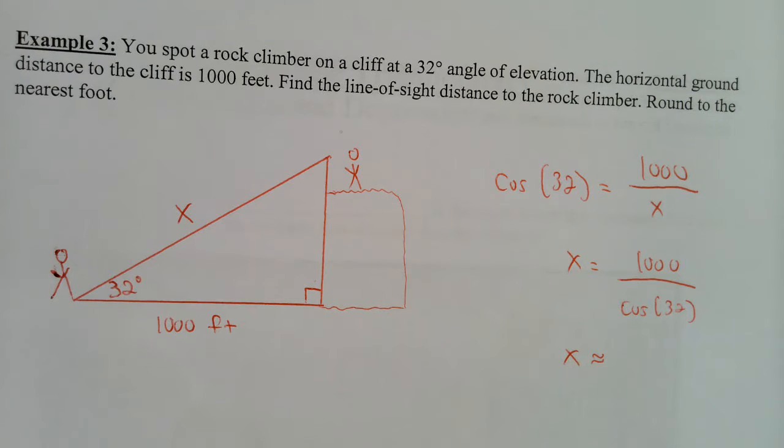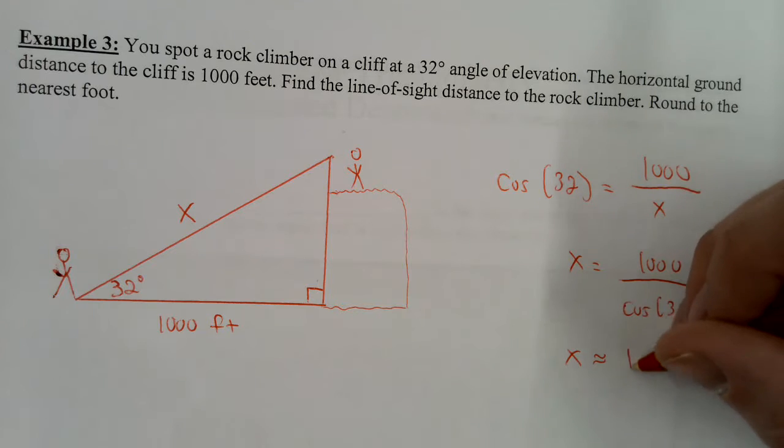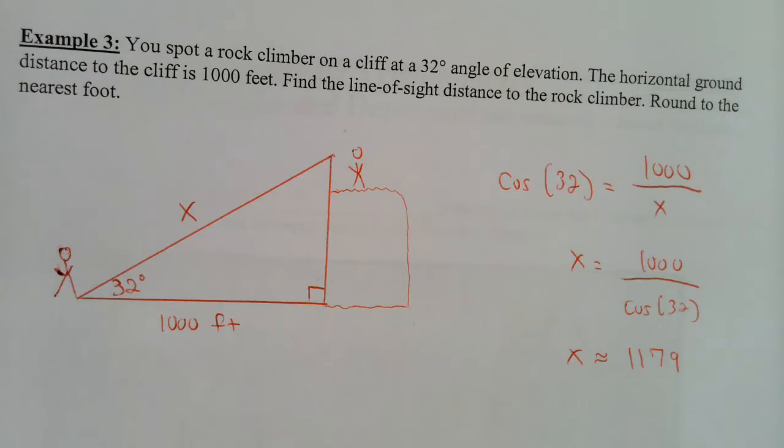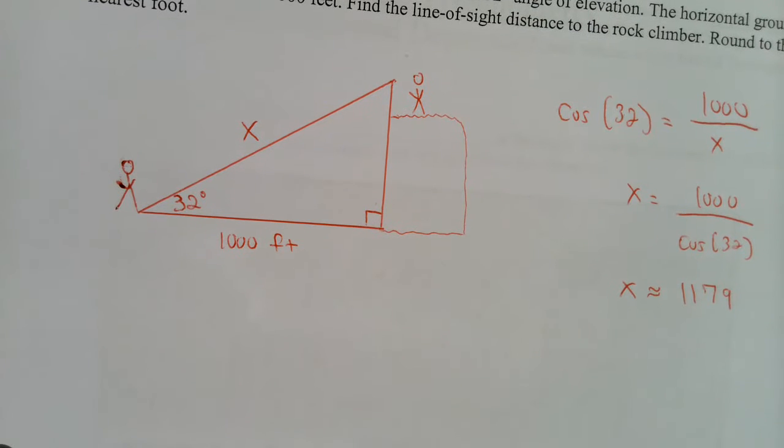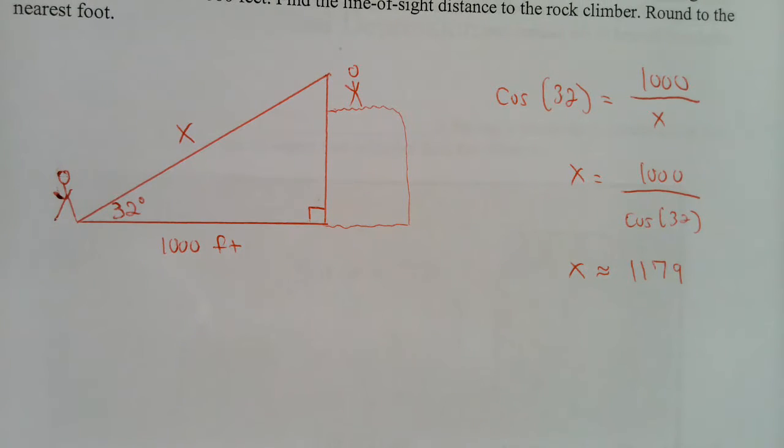Rounded to the nearest foot would be approximately 1,179. So say the line of sight distance to the rock climber is about 1,179 feet.